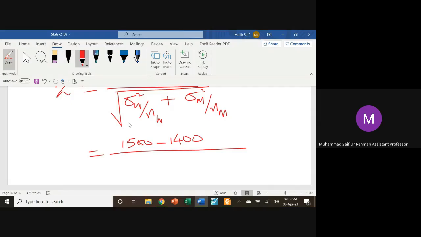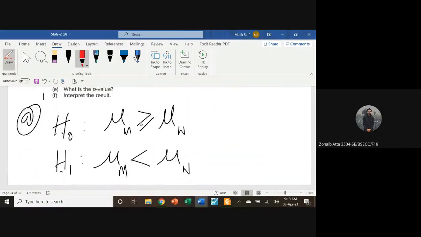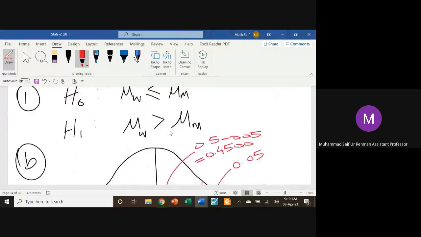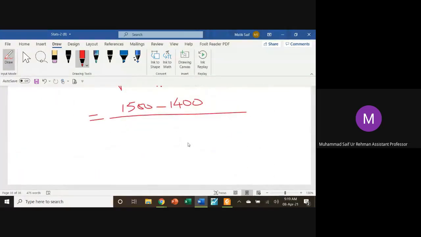What was sigma w square? 250. This is the standard deviation, so 250 square you will write down over here, divided by nw. n was 50, plus the standard deviation for men, 200 square, divided by 40.